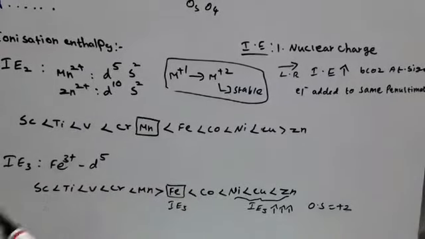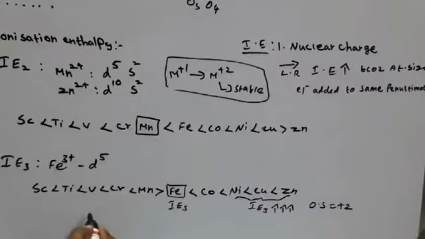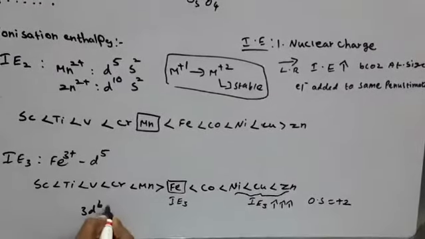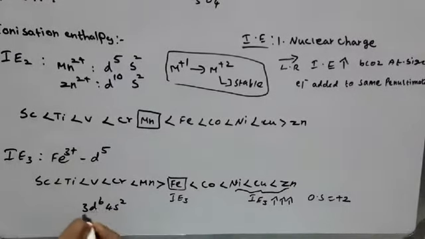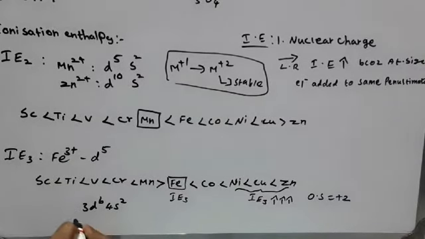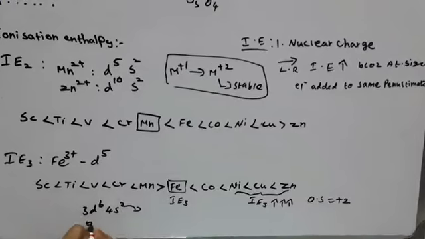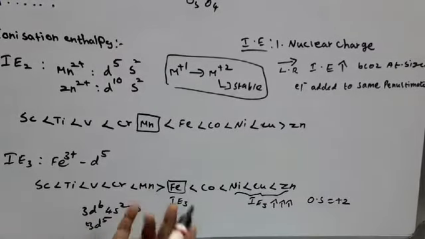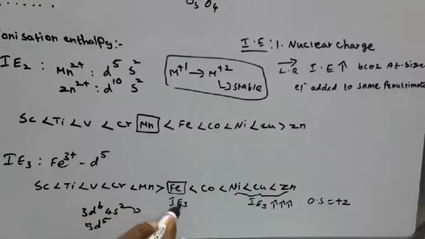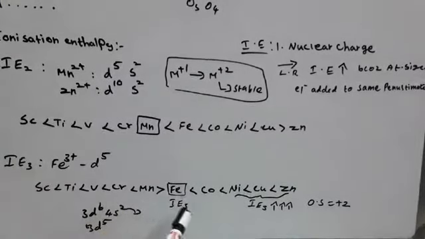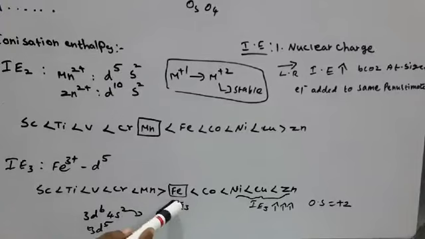For IE3, what is the configuration? Iron 26 is 3d6 4s2. For iron, after removing, one electron here and one electron here, it becomes 3d5, half filled, which we cannot remove easily. So IE3 is typical for iron, just as IE2 is for scandium-type cases.